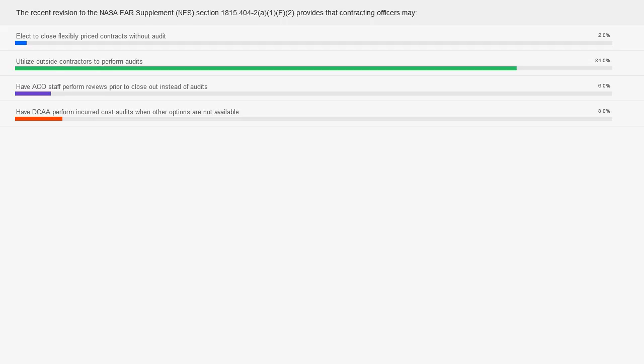The third option was to have ACO staff perform reviews prior to closeout instead of audits, and that's not the answer because the ACO staff don't have enough staff to do that, even if they wanted to, or the background likely to be able to take over for the role of DCAA. And the fourth option is to have DCAA perform incurred cost audits when other options are not available. As we mentioned, Section 893 specifically prohibits DCAA from performing those incurred cost audits, no matter whether they're requested to by an agency or not.